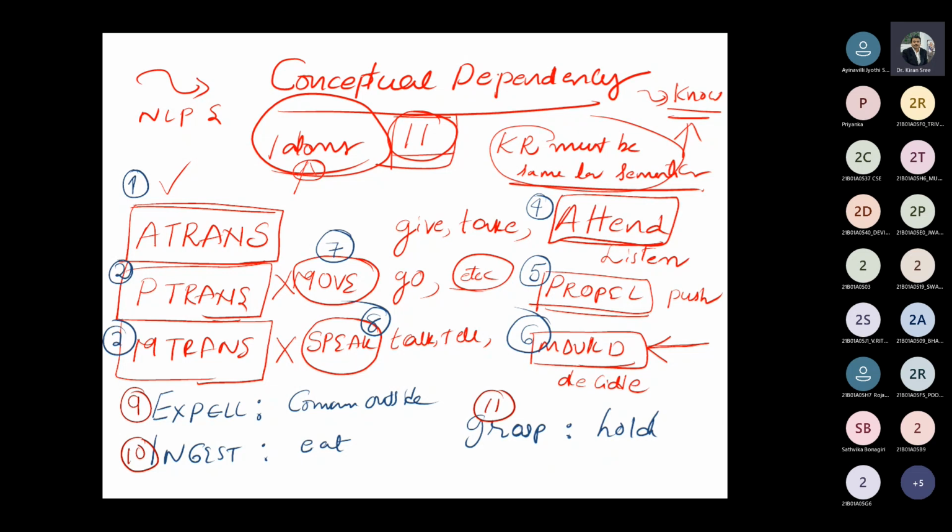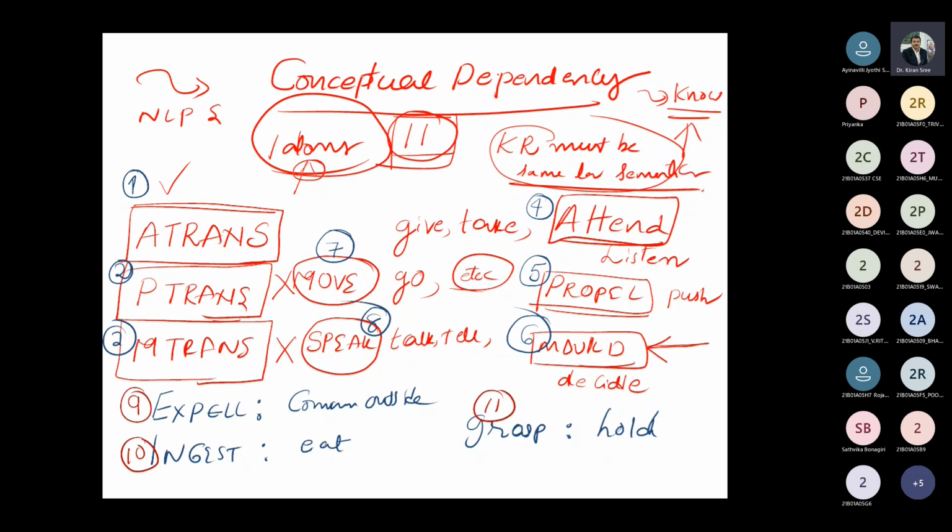Grasp is holding, like I'm holding a fork to eat something. So then I use grasp. So grasp is a keyword in Prolog. Mbuild, all these 11 are keywords in Prolog. So with all this, the conceptual dependency can be implemented and represented. This is what the story is.